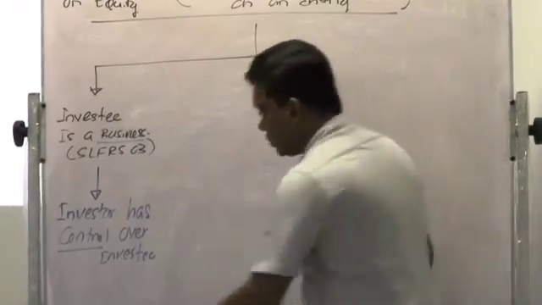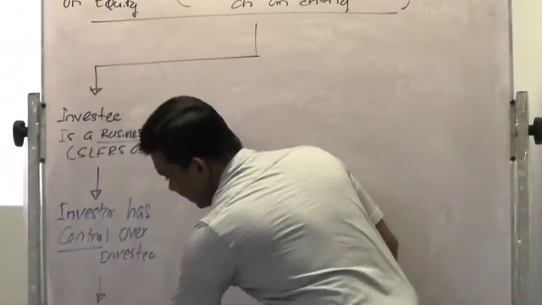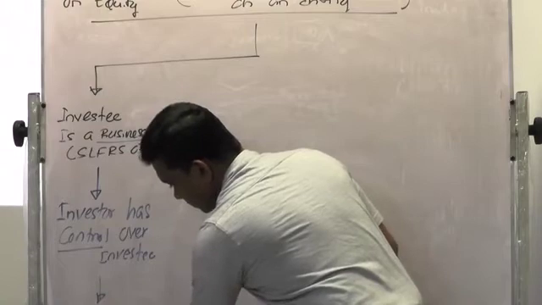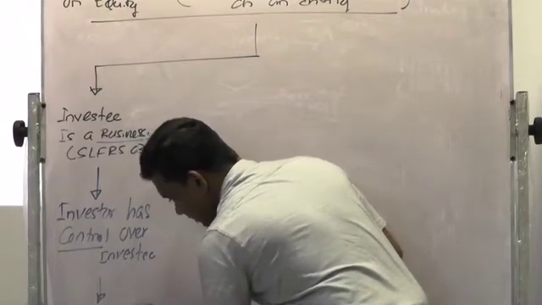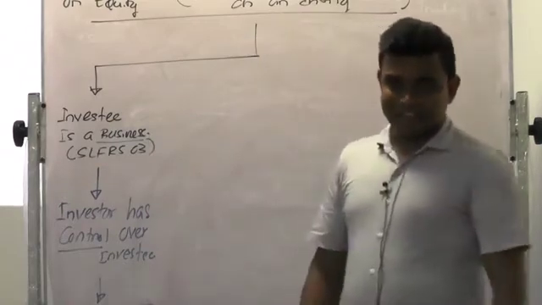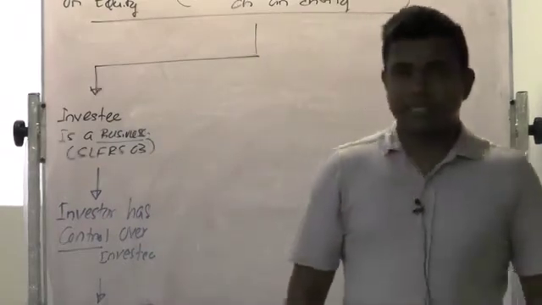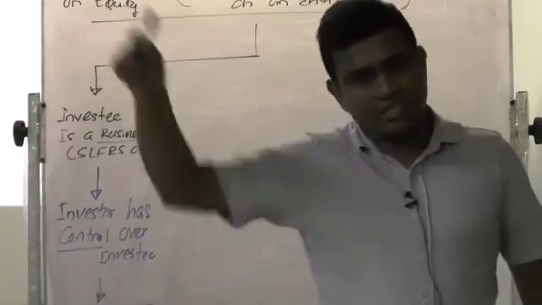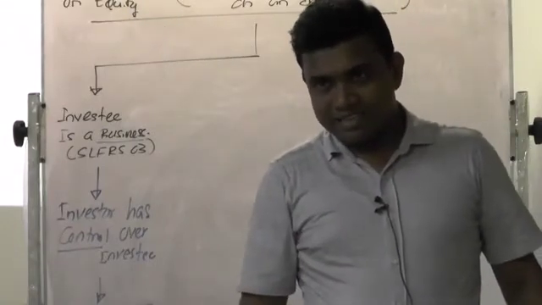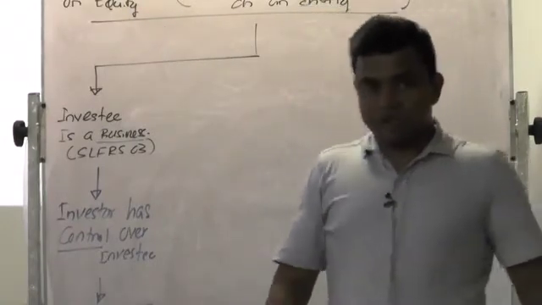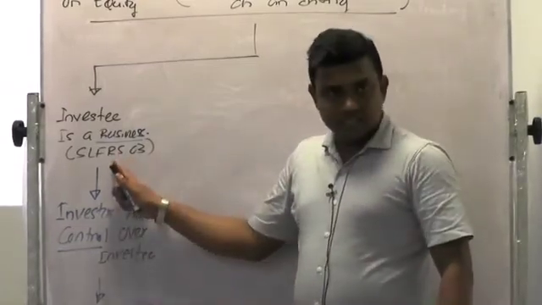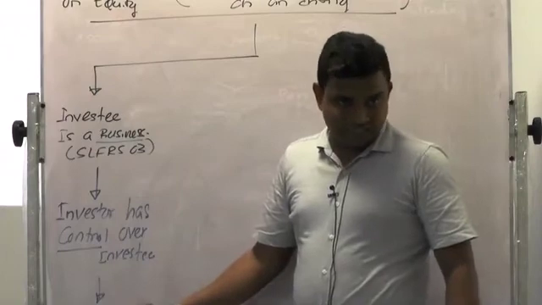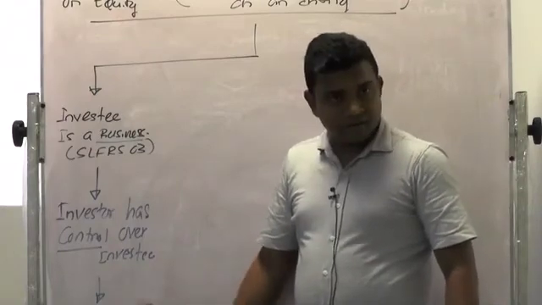If so, this is a subsidiary. This is not a financial asset. Got it? Therefore, you can't always say investment in ordinary shares is a financial asset. Clear? Investment in ordinary shares, the investee is a business and you have control over the investee, it's a subsidiary.